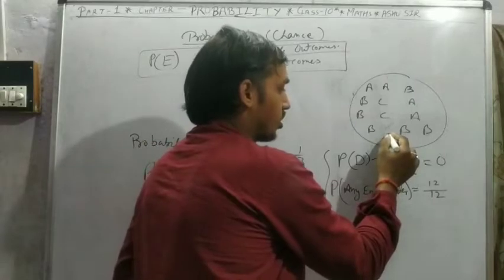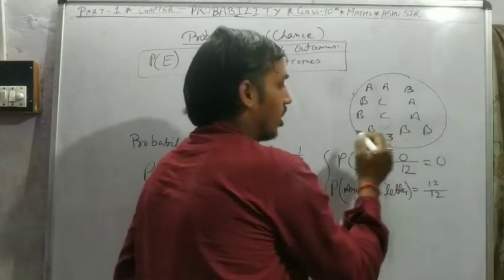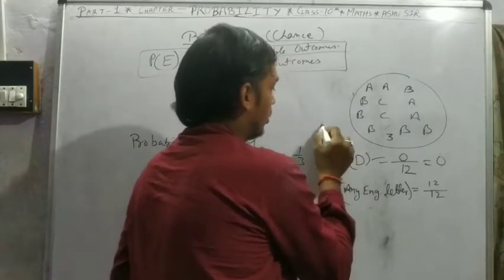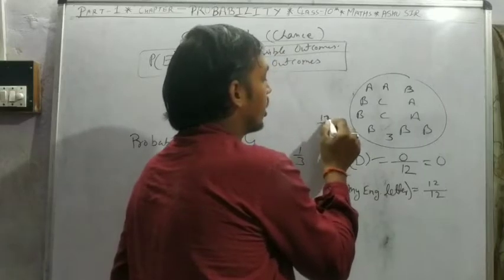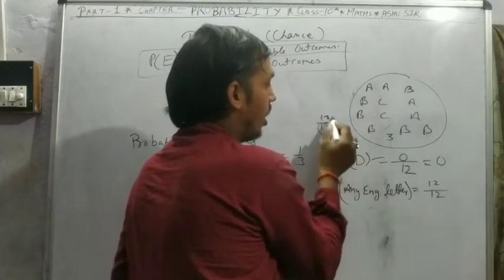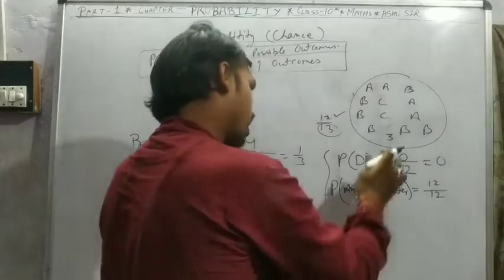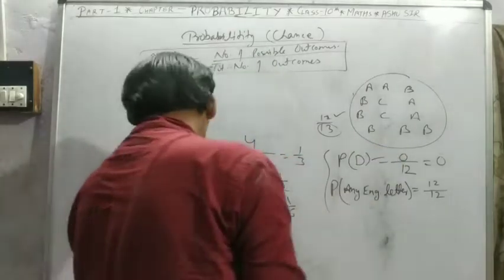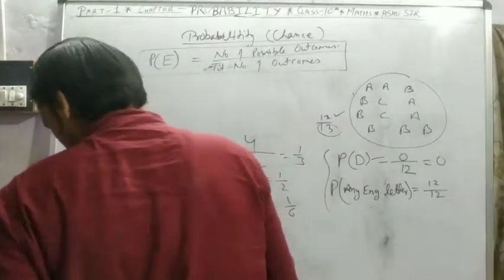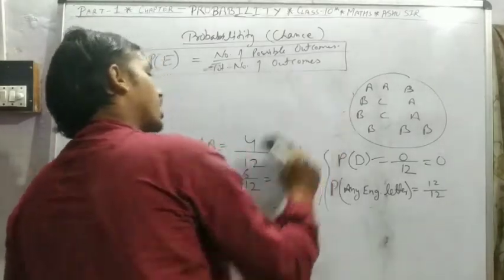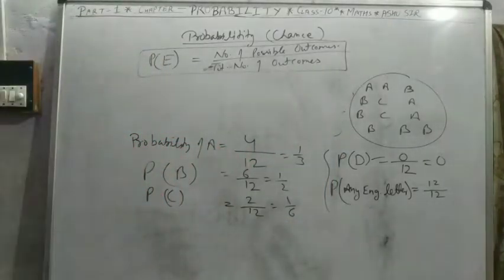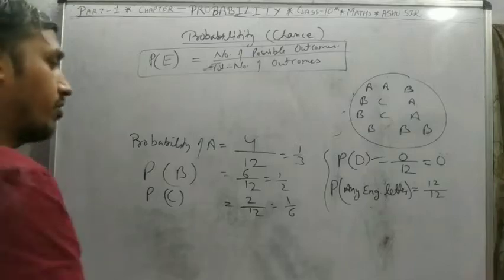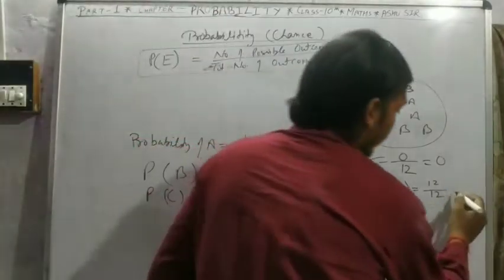Suppose there were 13 total and 12 were English letters, it would be 12 upon 13. But in this case, all are English letters. So the probability of selecting an English letter in this event is 12 upon 12, that is 1.